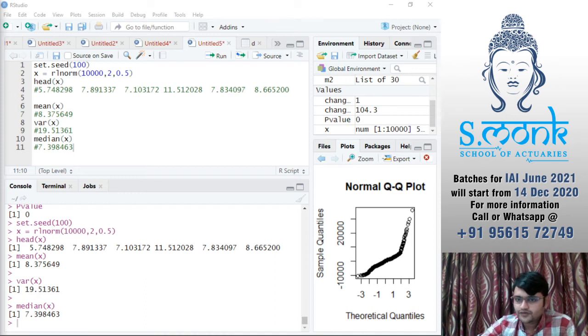We know how to find the variance of a log normal distribution. The median of a log normal distribution is just e raised to mu.